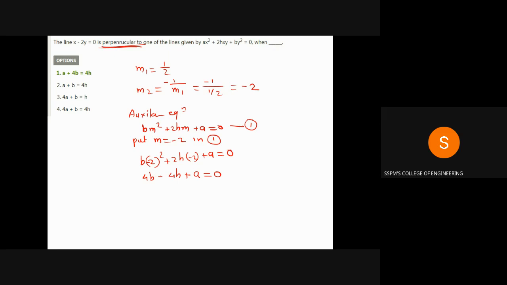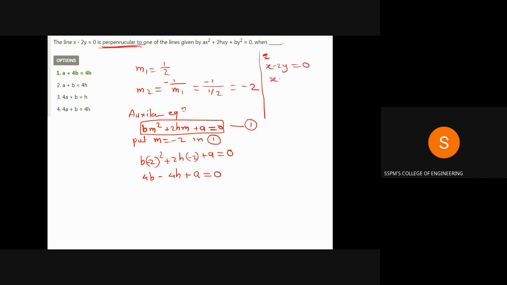Remember, the auxiliary equation is always given by bm square plus 2hm plus a is equal to 0. And how did we find out what m is? We find it using the given equation of line. The given equation of line was x minus 2y is equal to 0.